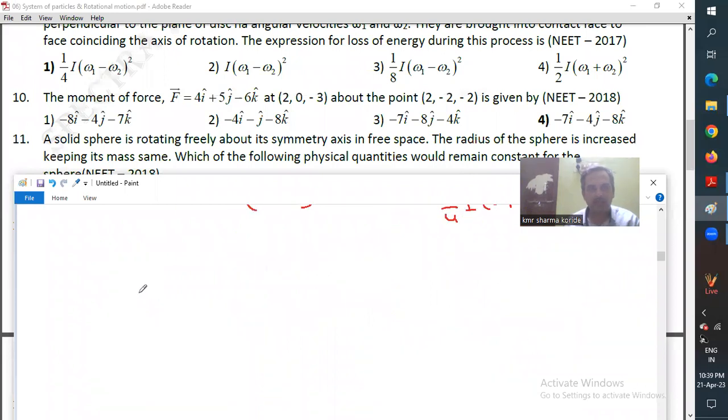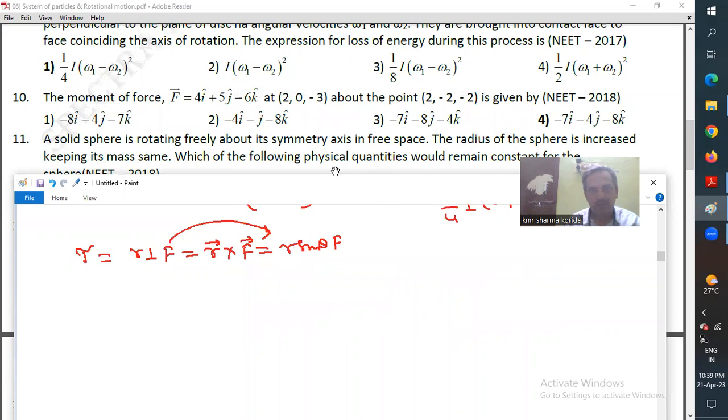This is based on torque. The moment of force F given at the coordinate 2, 0, minus 3 about the point 2, minus 2 and 2 is given by. So torque is equal to moment of force, or torque is equal to R perpendicular with F. Otherwise you can also write R cross F. R perpendicular can be written as R sin theta into F. So let us try to find the position vector.